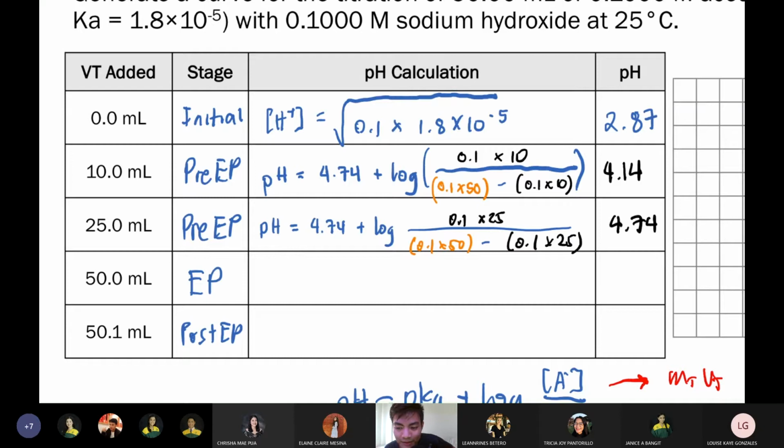Wala kayong napapansin? Tingin uli kayo sa equation. Same value po sa pKa. Volume lang po ng titrant nagbabago. Okay? Pero ang significant dito is yung same yung value ng pKa.